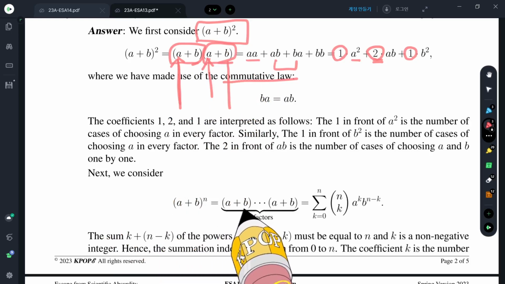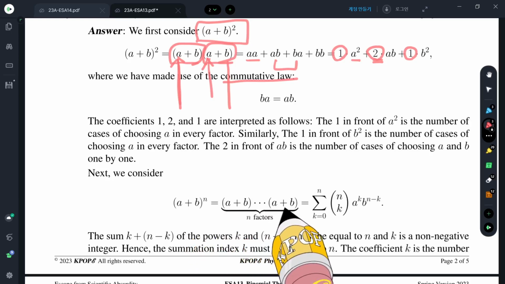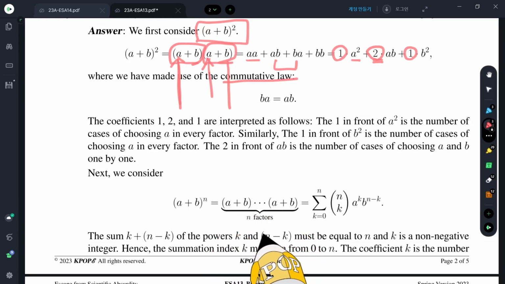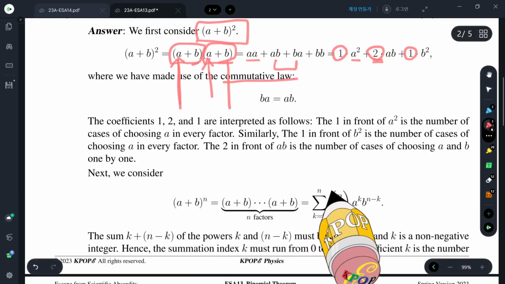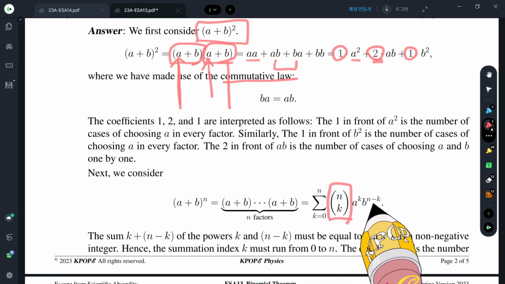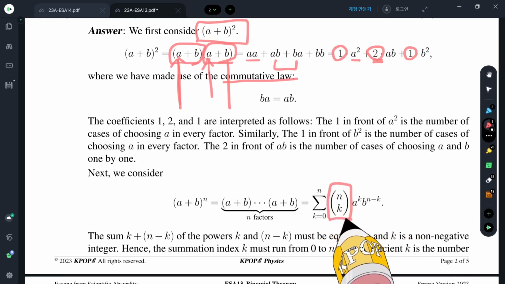So (a plus b) times (a plus b), n times. We would like to denote the factor in front of a to the k and b to the n minus k to be this, and this is the binomial coefficient. We'd like to determine the expression for this binomial coefficient.